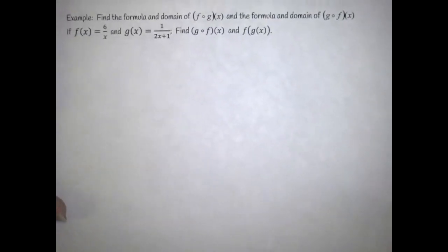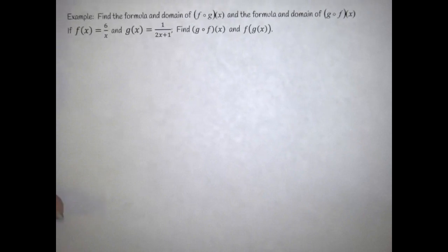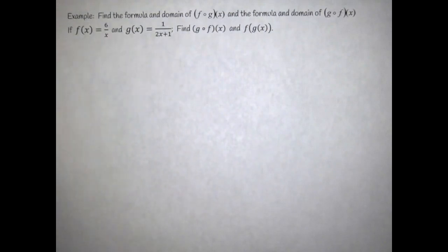So let's look at this crazy example and see if we can figure this out. So it says find the formula and the domain for f of g, and then do it again for g of x. And so we have f of x and g of x. Notice both are fractions. So the first thing that we have to do is we have to know the domain for each function.